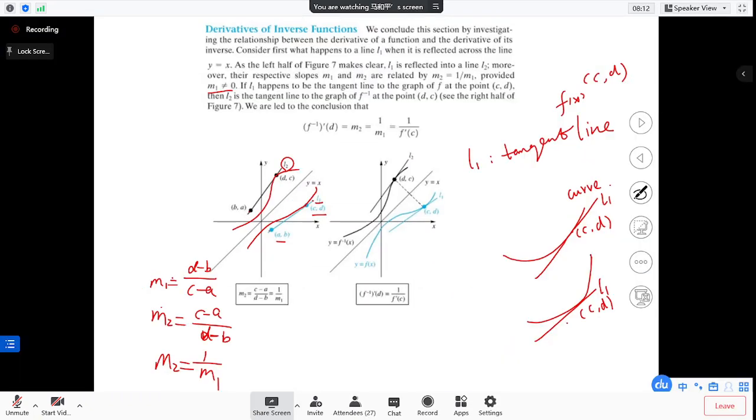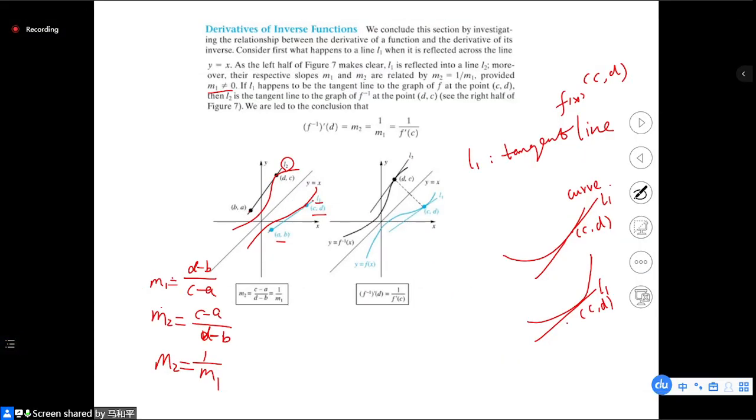Yes. And then we have another curve, and L2 is the tangent line to the graph of f inverse at the point (d, c).